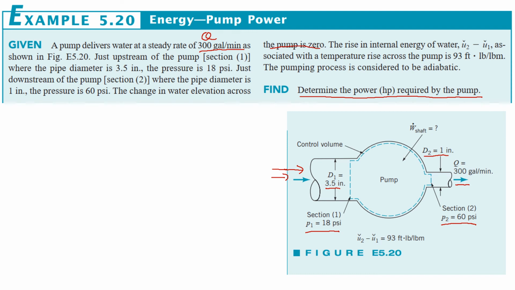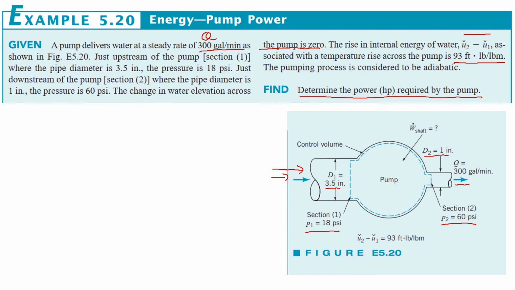This is interesting because in our control surface integral, we have terms for potential energy. In this case, the height change is 0, so those terms will be equated to 0. Let's get back to them in a little bit. The rise in internal energy of water, U2 minus U1, associated with the temperature rise across the pump is 93 foot-pounds per pound mass. So this is the rise in internal energy, U2 minus U1.